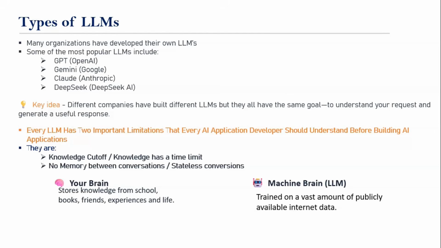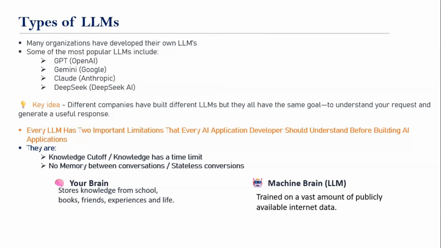For example, suppose your first request is, my name is Narendra. Then the LLM responds. Then in the next request, if you ask what is my name, the LLM cannot answer because it has no memory of the previous request.